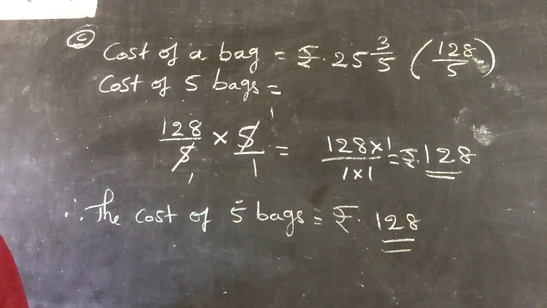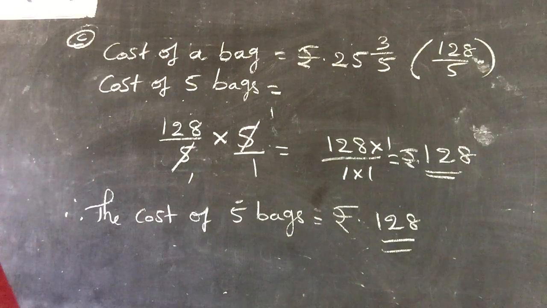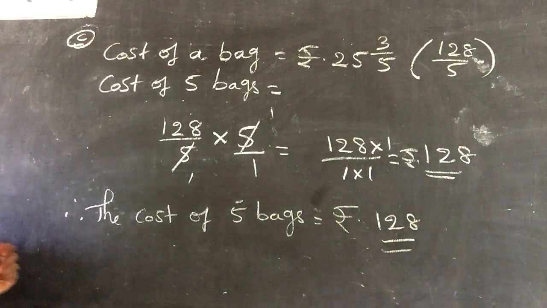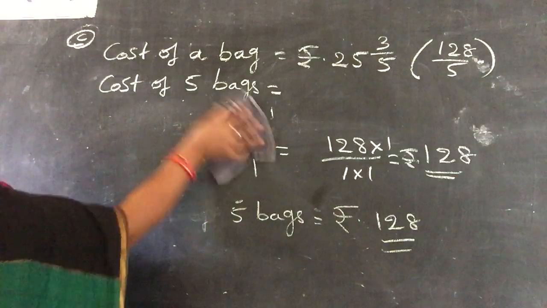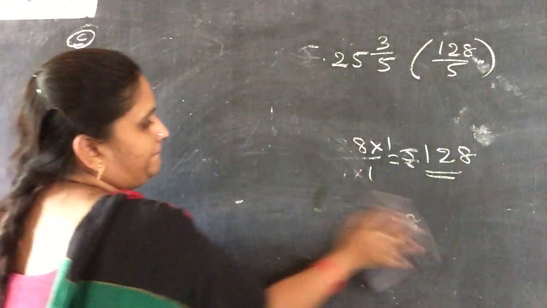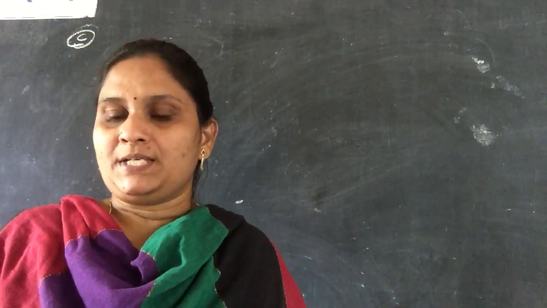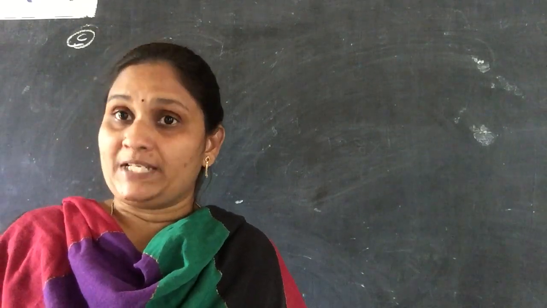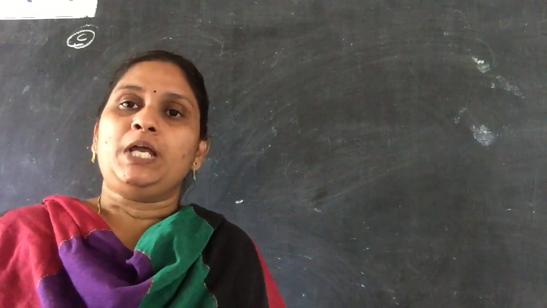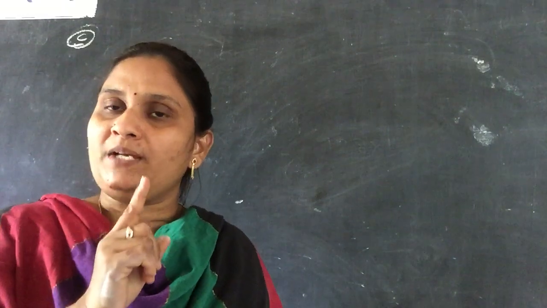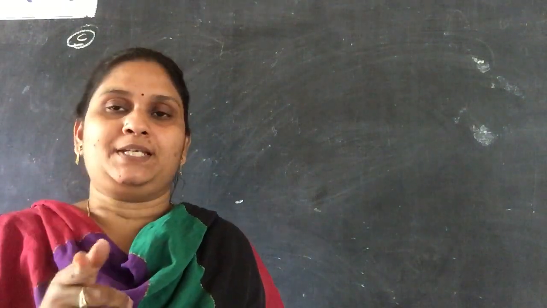Okay, next, D. Copy it neatly. Now D. If the cost of 10 sweets is rupees 35 by 6, find the cost of 1 sweet. So just now we discussed, if more are given and we find 1, what do you have to do? Division.